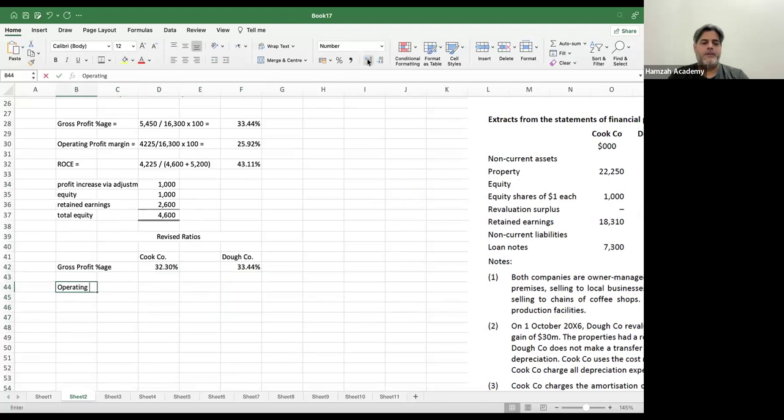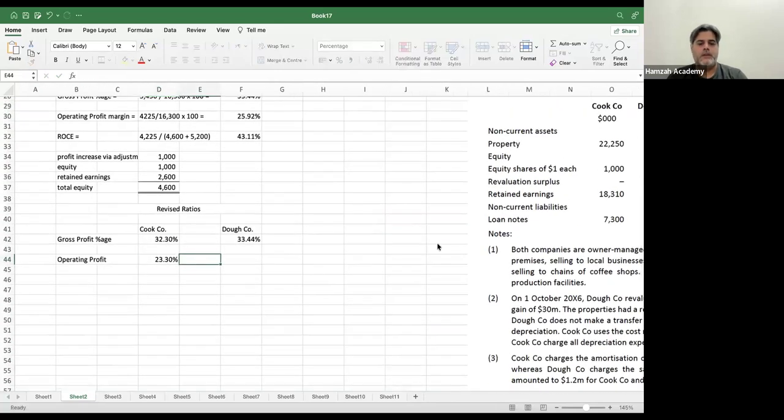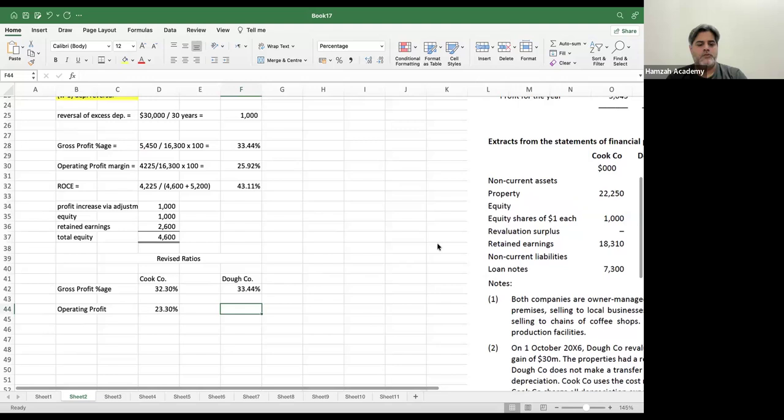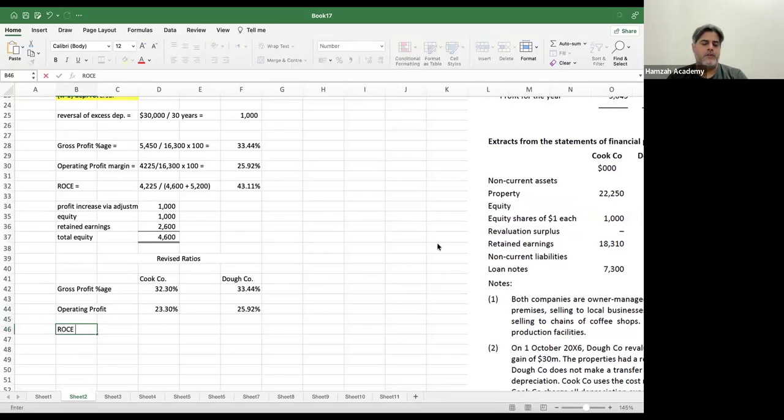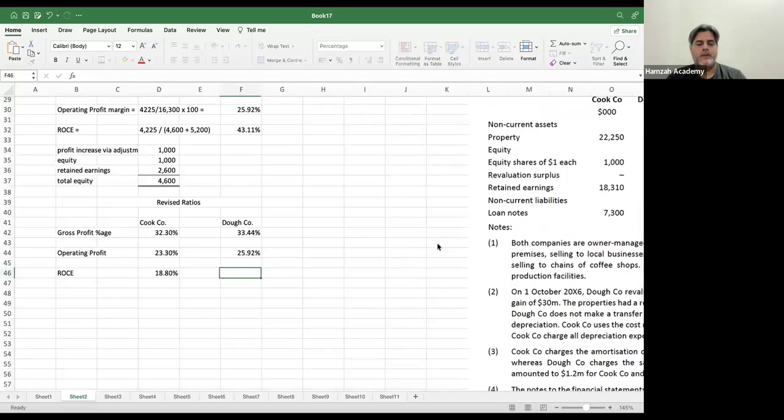Then we have operating profit. Over here, we have 23.3, and over here we have 25.92. Then we have the ROCE over here, 18.8, and over here we have 43.11, right? So we have these ratios over here as well.